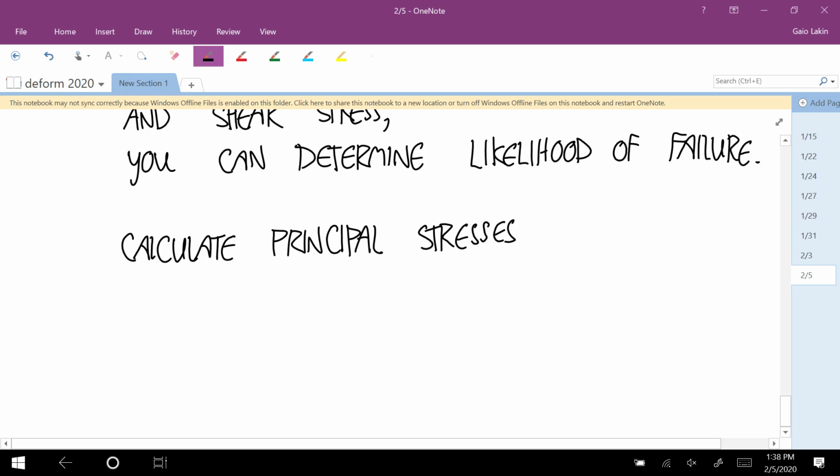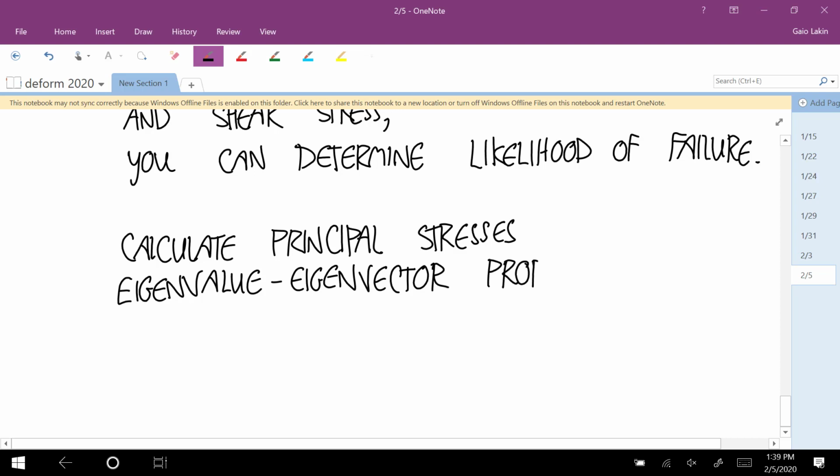Calculating the principal stresses is an eigenvalue eigenvector problem. And the basic idea of an eigenvalue eigenvector problem is you have some matrix and you multiply it by some unit vector.